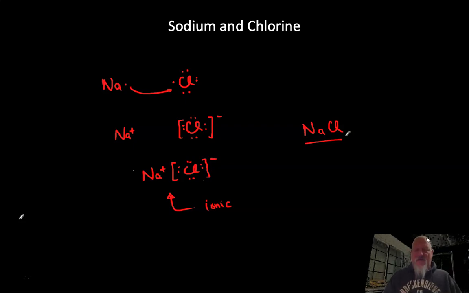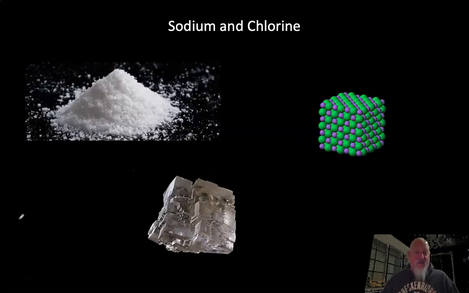So in a sodium chloride crystal, which is what these are, you can see down here a small crystal that we've zoomed in on of sodium chloride. Up here is just a pile of it. Since sodium chloride is table salt, that's what we're looking at. And you can see what a crystal looks like, where we've got the purple ones, which are the sodium ions, and the green ones, which are the chlorine ions.